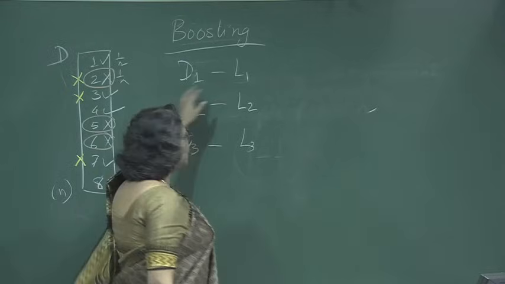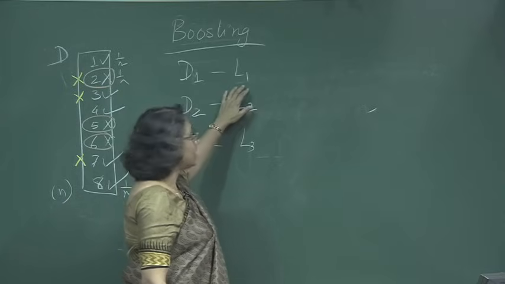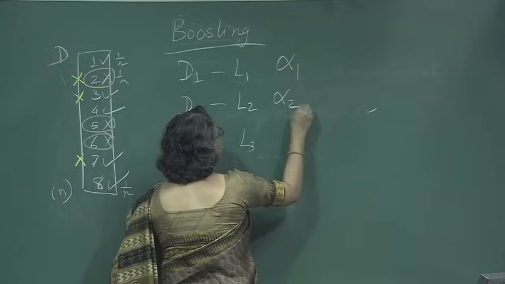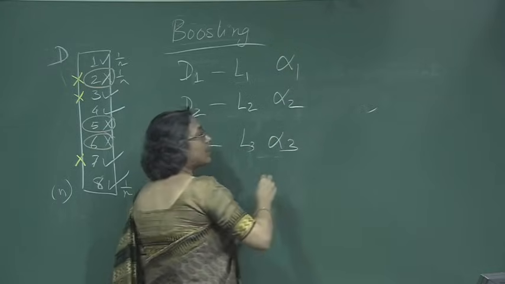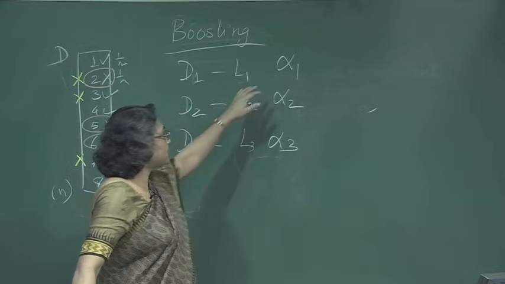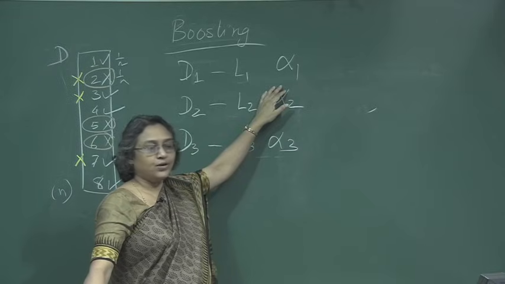So, we learn a hypothesis, or learn a learner, and we assign a strength to each learner, and this strength is used to decide the weight of the voting.